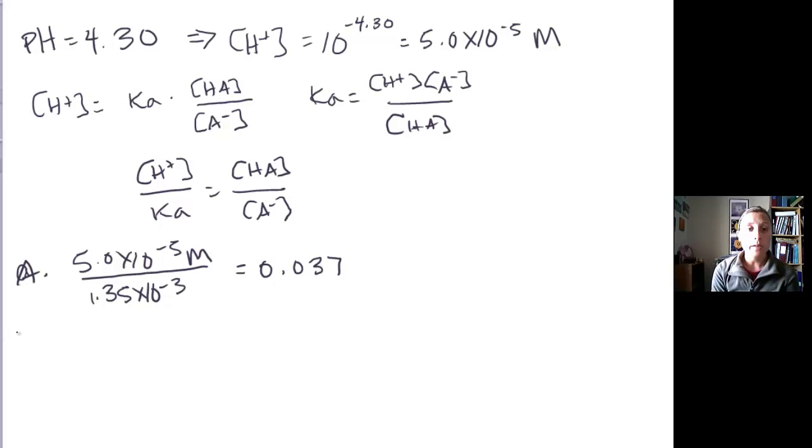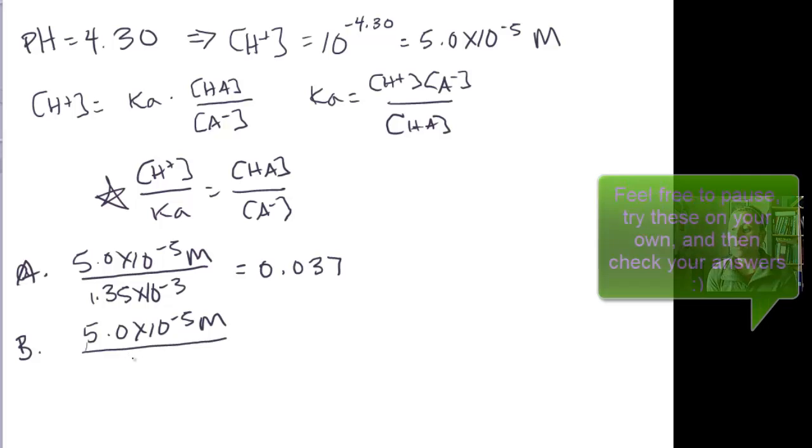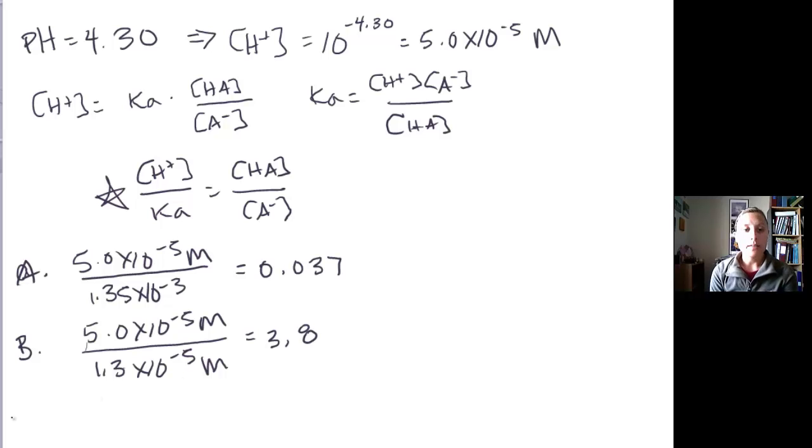Not very close to 1, so A is probably not going to be the solution we want. Okay, let's try B. 9.0 times 10 to the negative 5th, because we're following this same equation for everything. Ka for B is 1.3 times 10 to the negative 5th. We divide those, we get 3.8. Still not very close to 1.